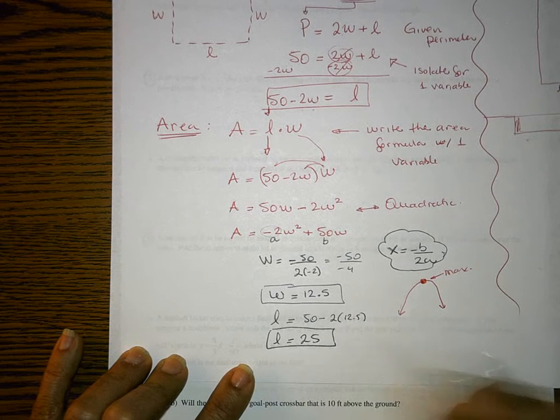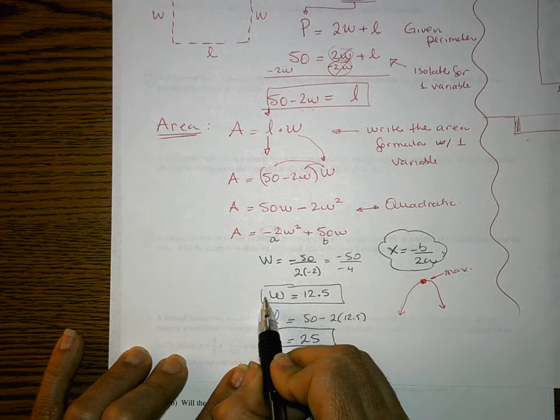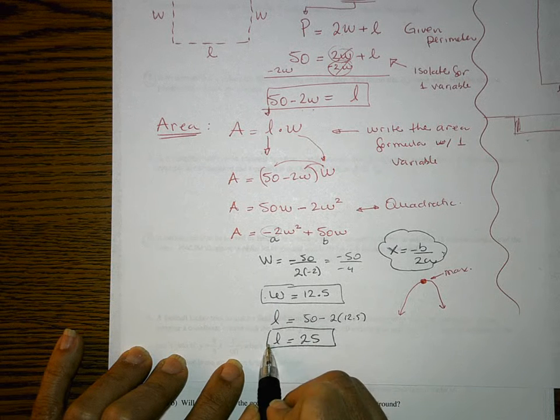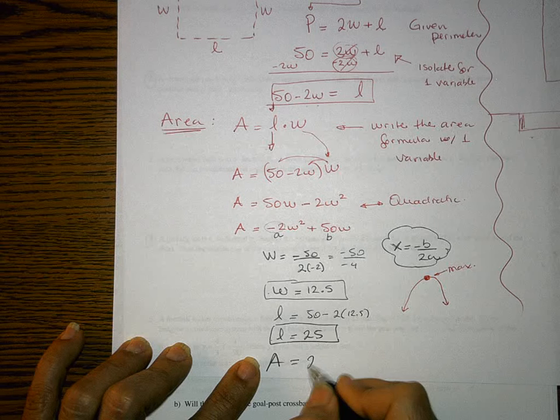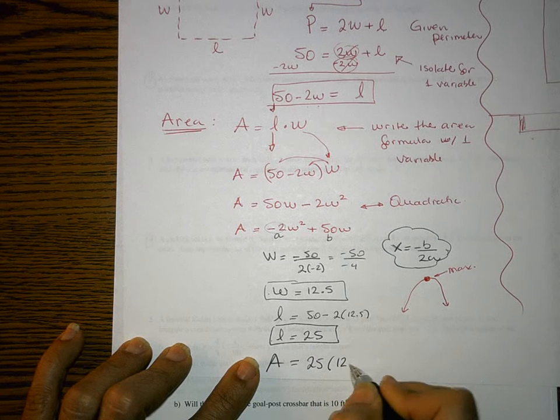So there we go. We have our width of 12.5. We have our length of 25. And I'm pretty sure my area is just length times width. So 25 times 12.5.